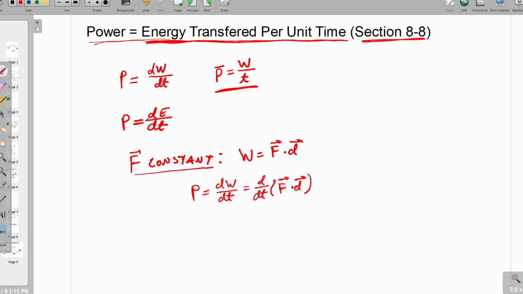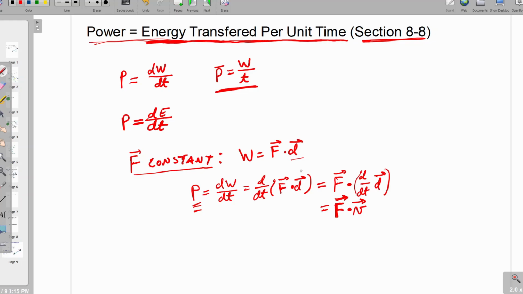Now we said that F was constant from the outset, so constants aren't affected by the derivatives. So instead, you'll have d/dt of the displacement vector. And of course, the time derivative of displacement is velocity. So you can write that force dot product with the velocity vector would give you the power of a constant force acting over a displacement d.